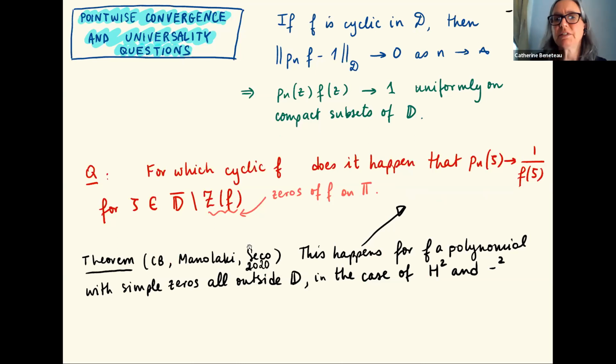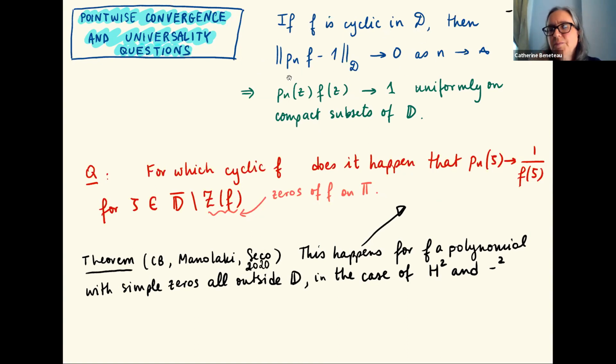Another set of problems of interest has to do with convergence and this notion of universality. So for this Dirichlet space, for example, or any D alpha space, if f is cyclic, then we know that these optimal approximate multiples of f approach 1 and that this quantity goes to 0.